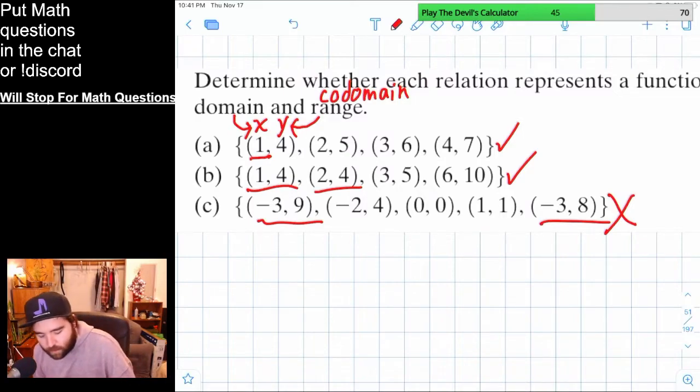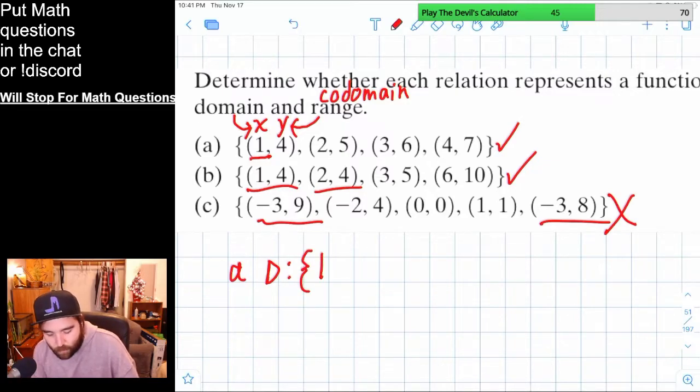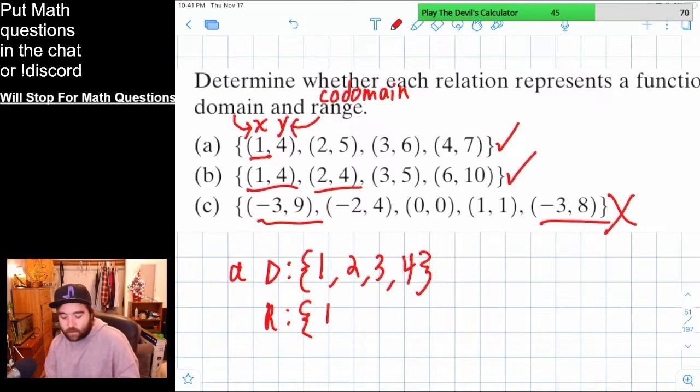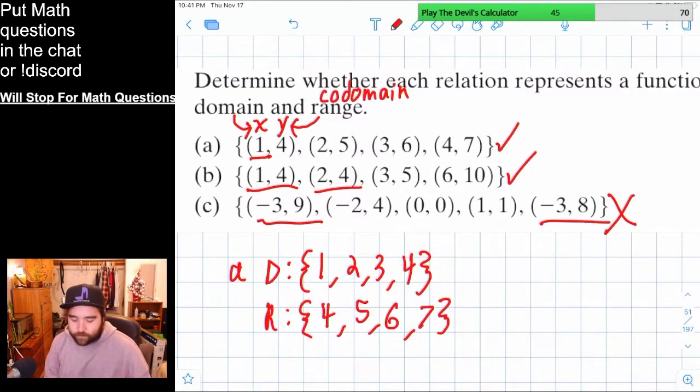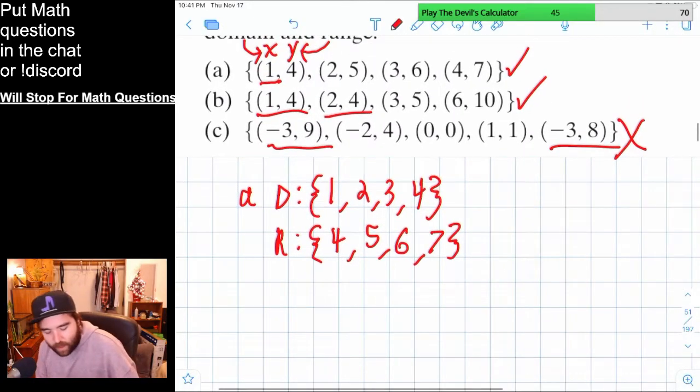So for A, they're just going to be sets in this case. The domain is just going to be the set of the numbers we put in, 1, 2, 3, and 4. And then the range is just going to be the output numbers. So 4 came out of it, 5 came out of it, 6 came out of it, and 7 came out of it. And then with B, it's just the same idea. For the domain, what did we put in?